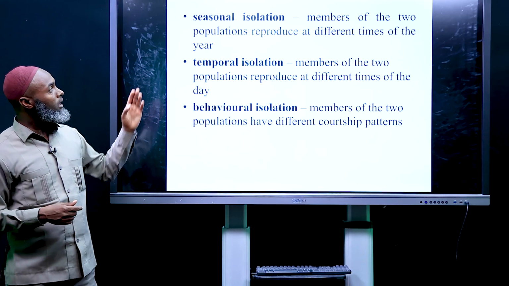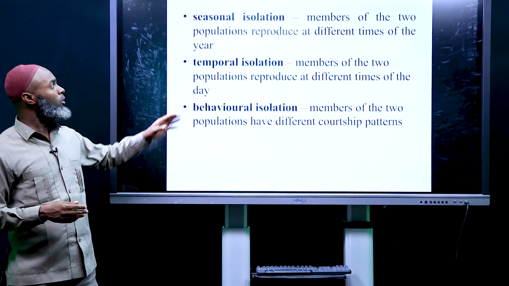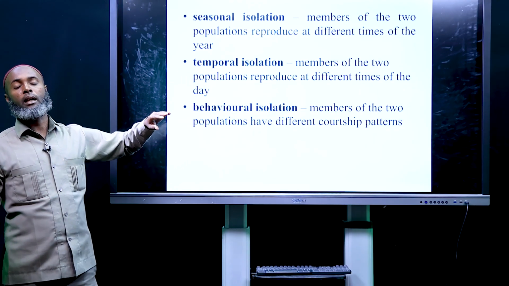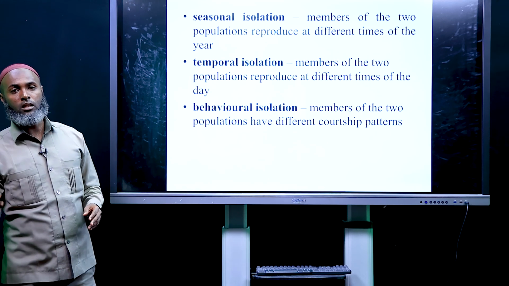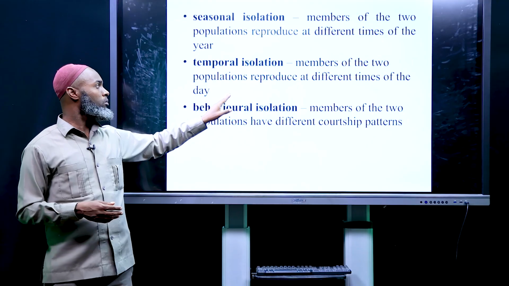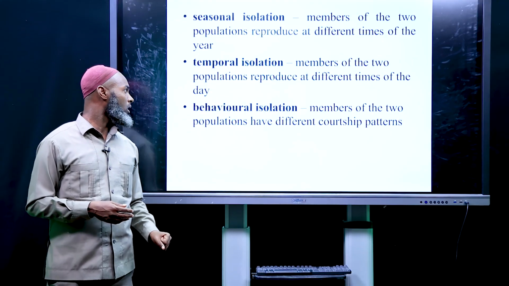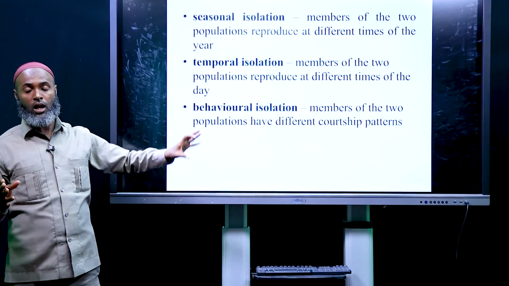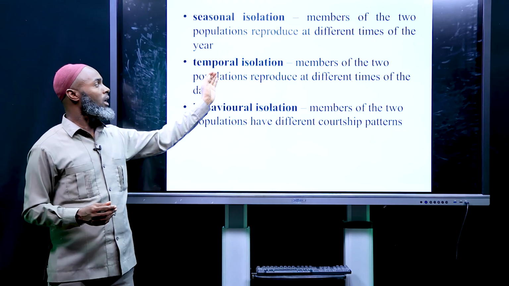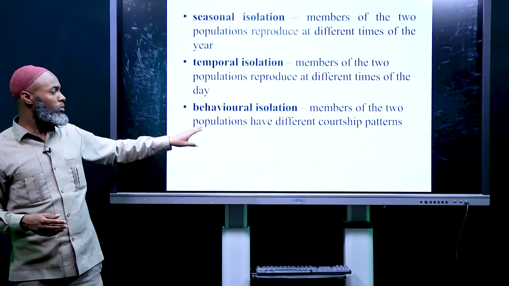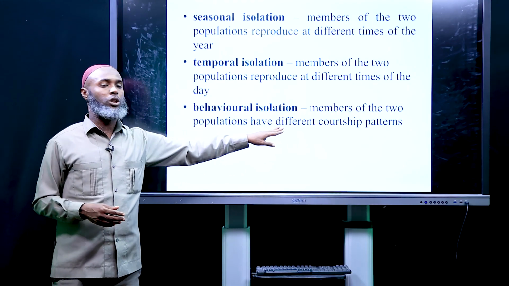Seasonal isolation: members of two populations reproduce at different times of the year. Temporal isolation: members of two populations reproduce at different times of the day. Behavioral isolation: members of two populations have different courtship patterns.